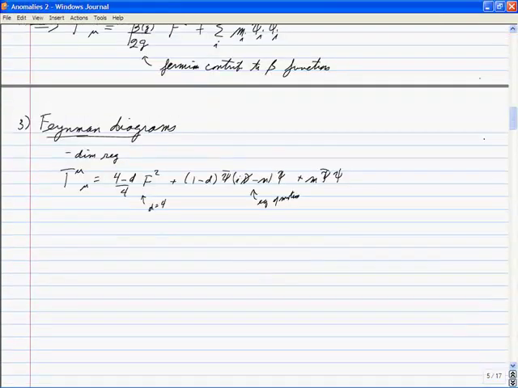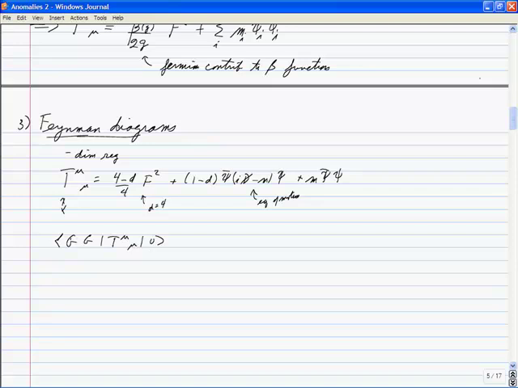The easiest one to see is the F² piece. So if this is an operator, let's just call it X, then the Feynman diagrams that you do, so for example, let's try taking the gluon matrix element of T^μ_μ.